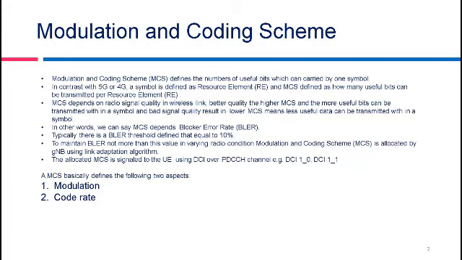And bad signal quality results in a lower MCS, which means we can transmit less useful data within a single symbol. So MCS also depends on block error rate, or say BLER, other than the signal quality.